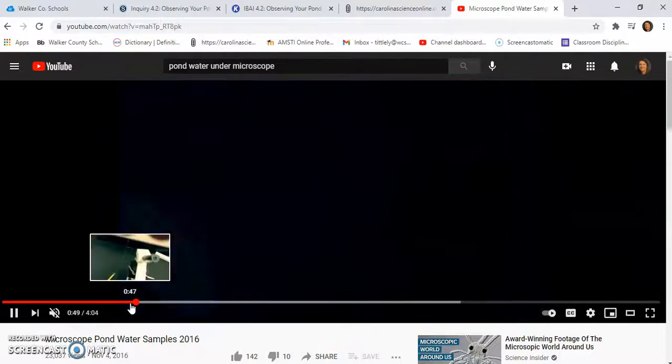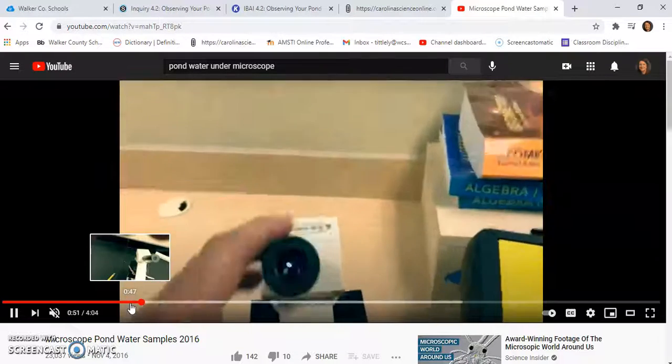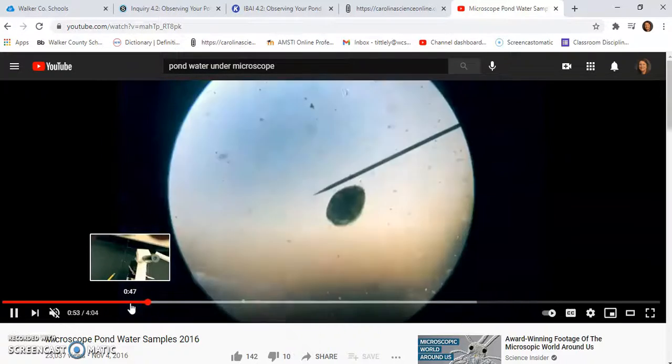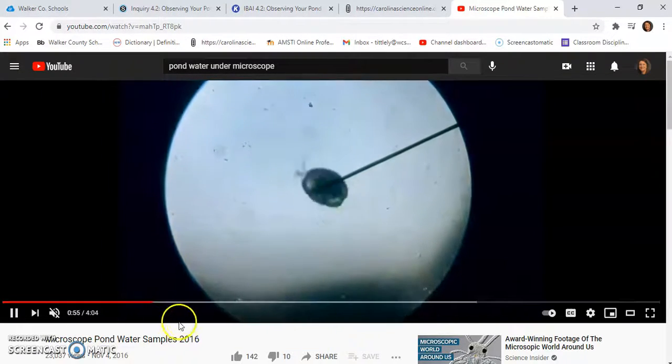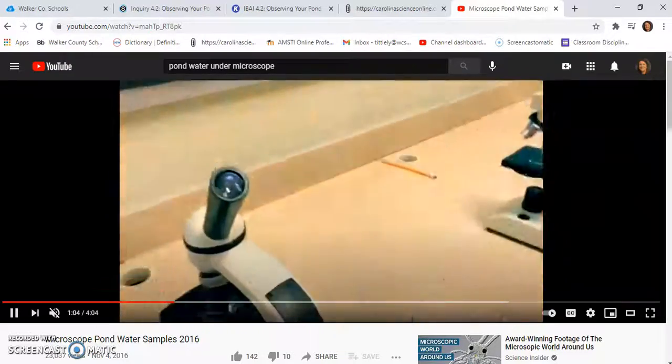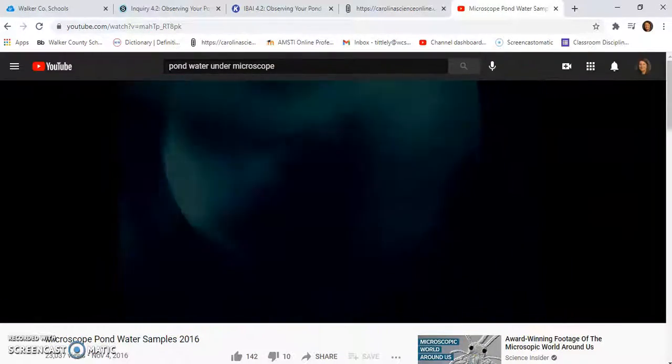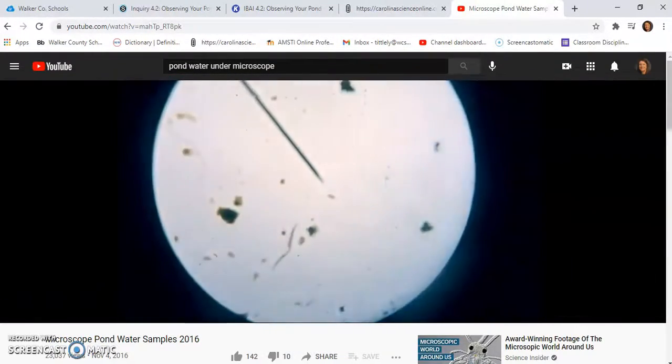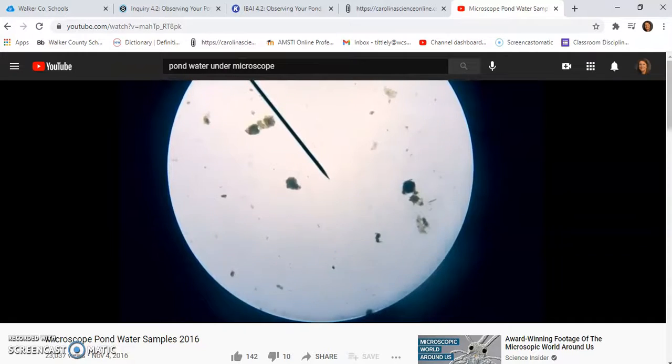Okay, we're going to take another look under another microscope. So there's a little creature who looks like a solid, but then he starts to swim around. Okay, this was taken from another teacher's classroom footage, so you may see some of the other students from that classroom.